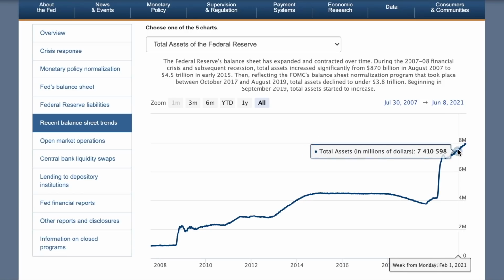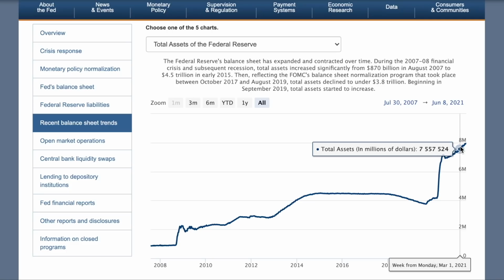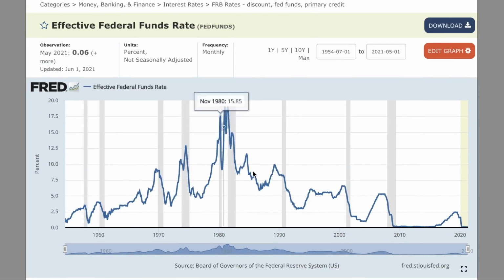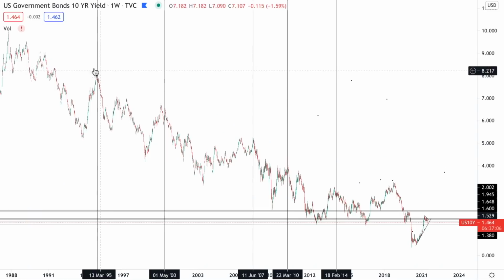So we are still clearly in a QE environment, and the federal fund rate is still near zero. So both QE and interest rates are extremely loose. There's a lot of liquidity, a lot of free money. And we wanted to ask the question, do most significant tops in rates happen with tight or loose monetary conditions?